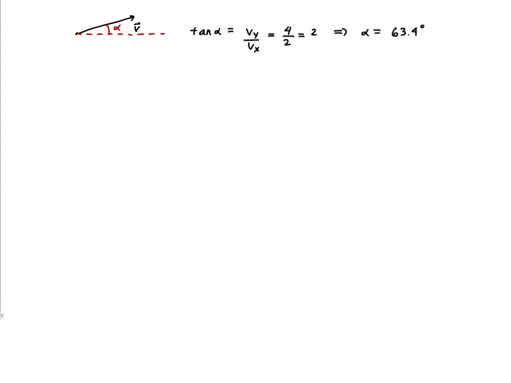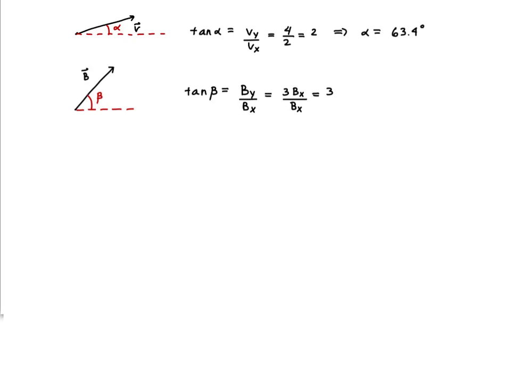Similarly, we can try to find the angle that B makes with the x-axis. The angle here, let's call it beta, and tangent beta is going to equal By over Bx.